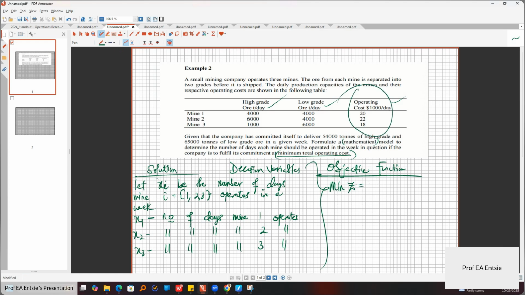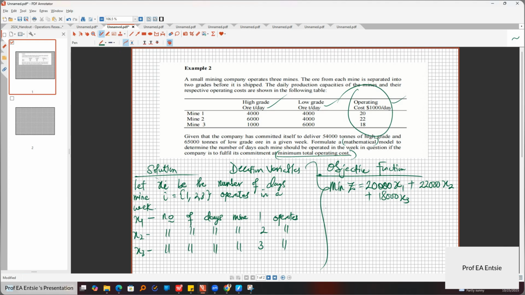For mine one, the cost for a day is 20,000 times the number of days mine one operates within a week, plus 22,000 times the number of days mine two operates within a week, plus 18,000 times the number of days mine three operates within a week. So this is my objective function, as simple as pie, very simple.